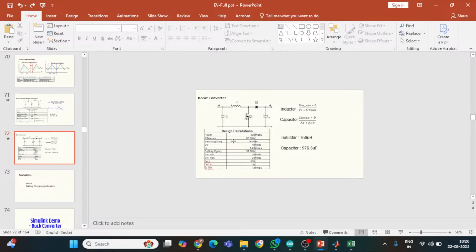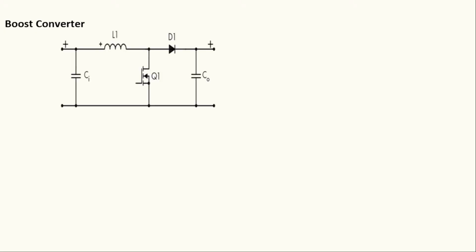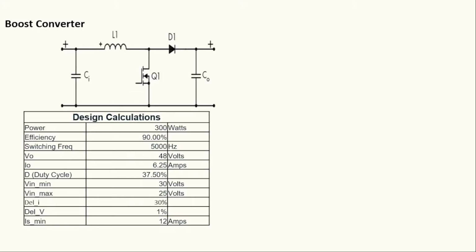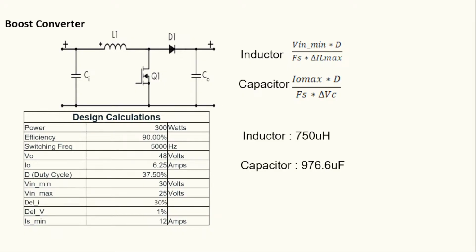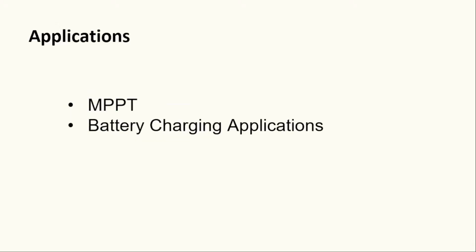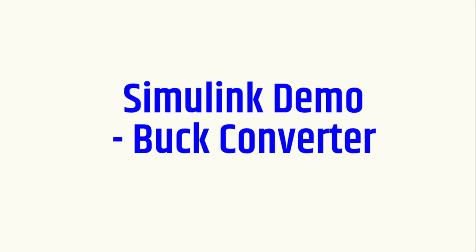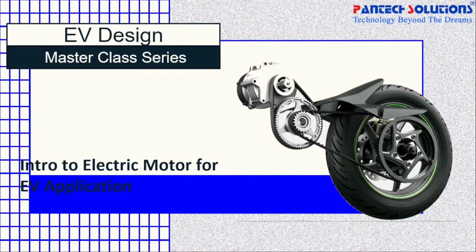So we can develop any kind of circuit. I'm showing the buck converter as an example. Whatever type of converter design you are going to develop, you can choose any converter, and for that we follow the same calculation formulas, and you can develop it.